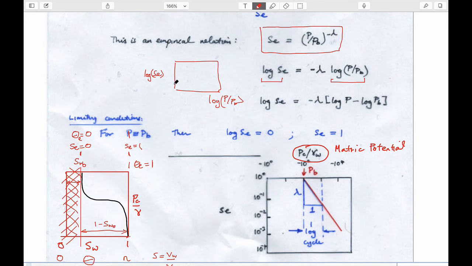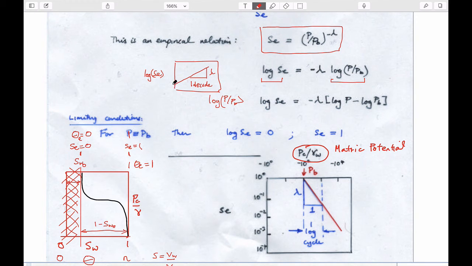In other words, it's the equation of a straight line. This is effective saturation, so this would be lambda, and this would be 1 decade, right? Not 1 unit, it's in log space, so this would be 1 decade in terms of this transit. So that's all it is.